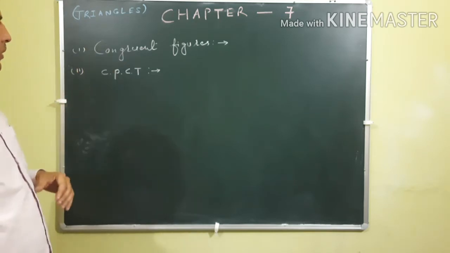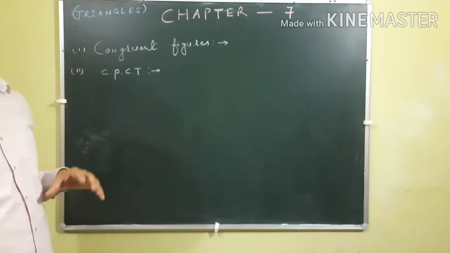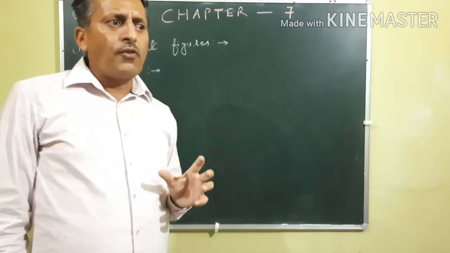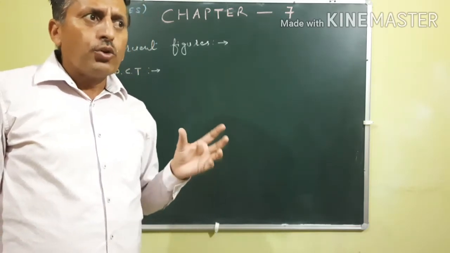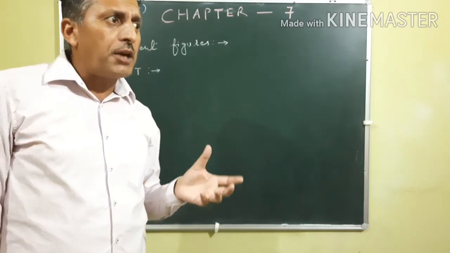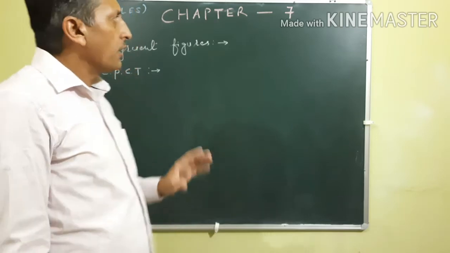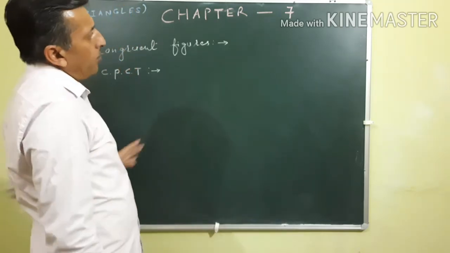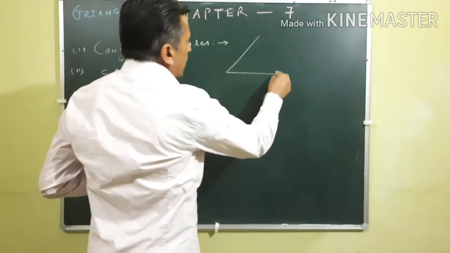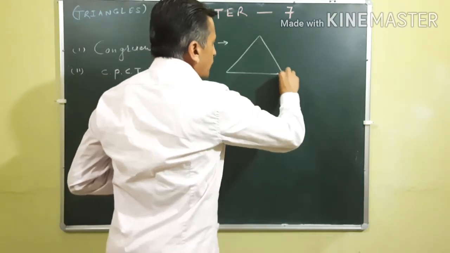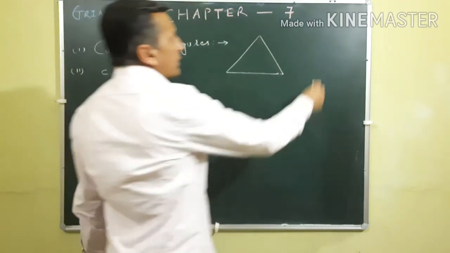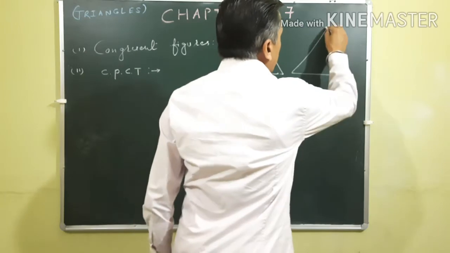So first of all, we have to understand the meaning of congruent figures. Such figures are called congruent whose size and shape are both the same. Since this topic is about triangles, I'm taking a triangle. Suppose this is your first triangle and this is your second triangle.